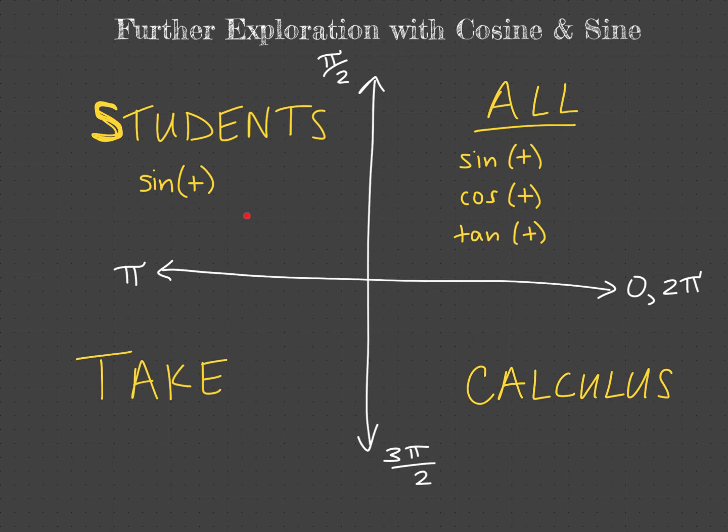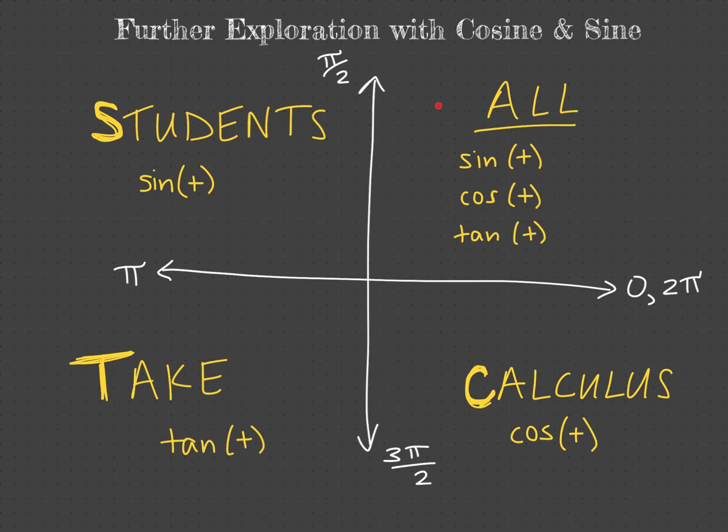So in quadrant 2, out of the 3, only the sine is positive. Down here in quadrant 3, take, or T, means that just the tangent is positive. The other 2 are negative. And over here in quadrant 4, C for calculus means that only the cosine is positive.